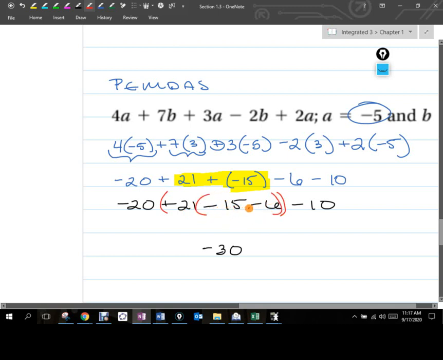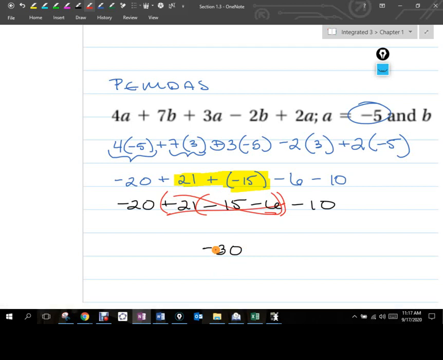What's negative 15 minus 6? That's negative 21, right? And then is positive 21 minus 21, are those additive inverses eventually? Does that kind of make sense to everybody? So that's maybe the purpose of understanding the commutative property and the associative property, because now it just leaves me negative 20 minus 10. Negative 20 minus 10 is negative 30, right?